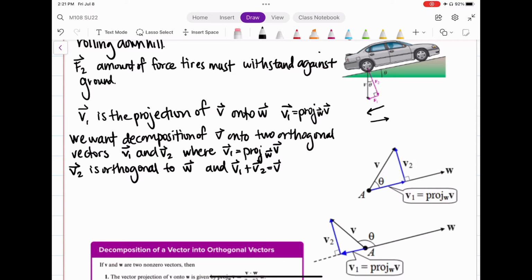If you look at the figure, you'll notice that v1, which is the projection of vector v onto vector w, is parallel to vector w. Because they're parallel, they must be equal with respect to some scalar c. We can say then that vector v1 is equal to some scalar c times vector w.